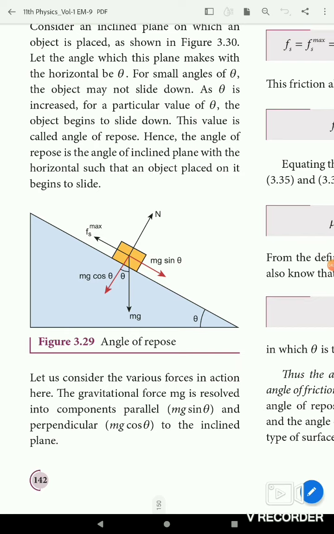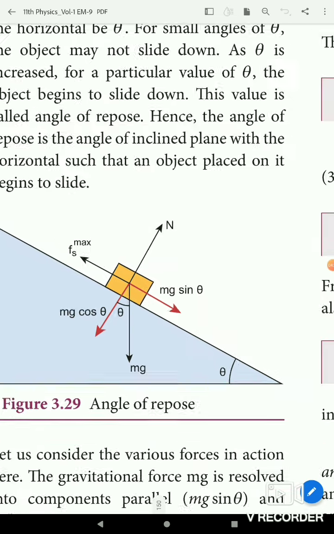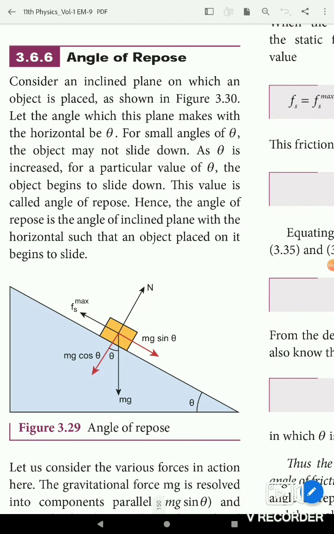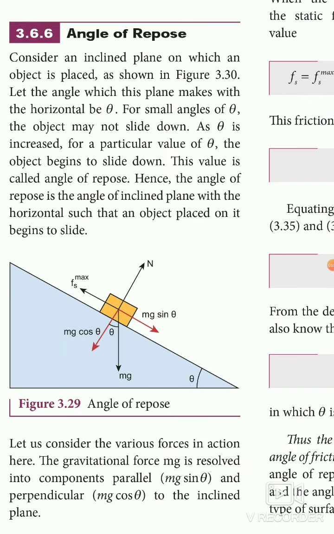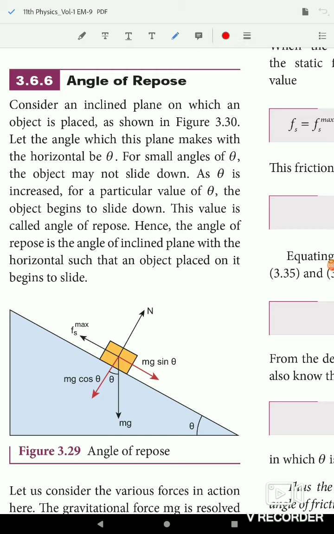So let us consider the various forces acting here. Draw the free body diagram. Consider this object as a point mass, as you already know. This direction is the positive x direction, and this is the y direction.